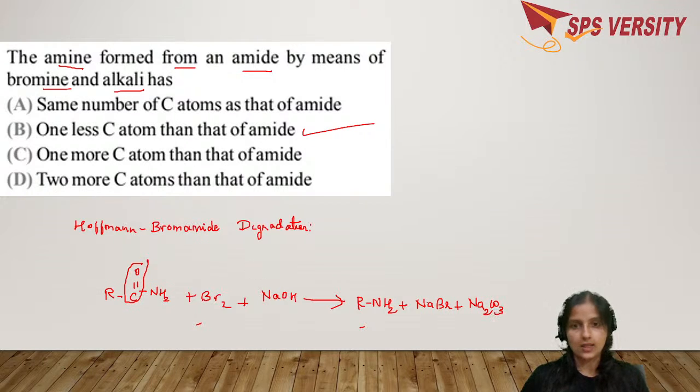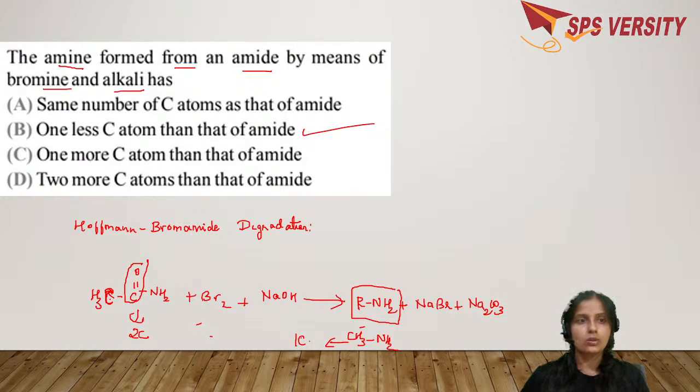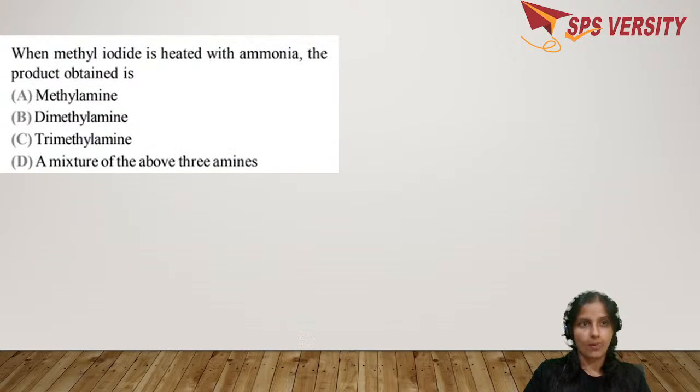And then you have to balance the reaction, and RNH2 contains one carbon less. Here, say this was CH3-CONH2, in the final product you get CH3NH2. There were two carbon atoms in the reactant, and in the product you have just one carbon atom. So one carbon less than that of amide will be the right answer.